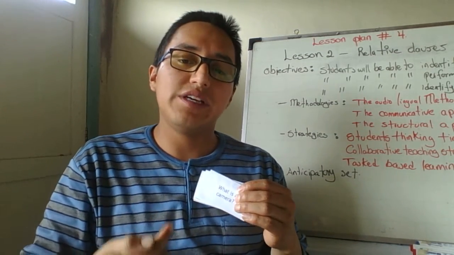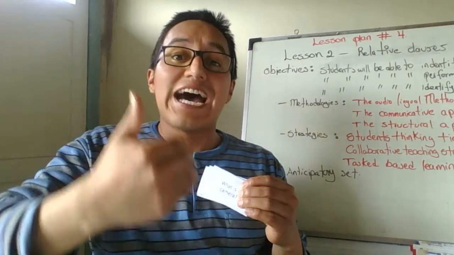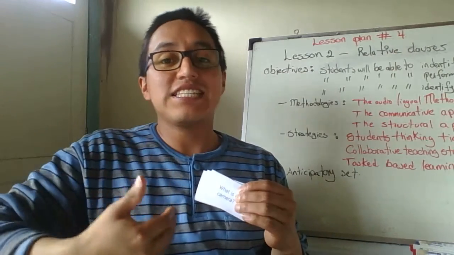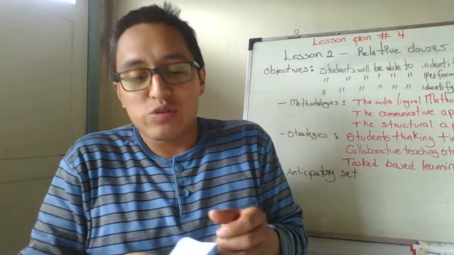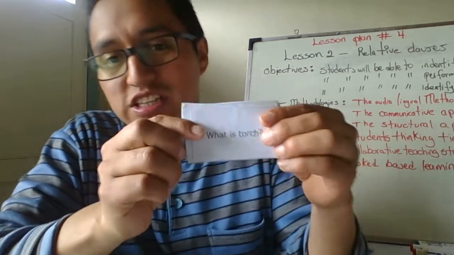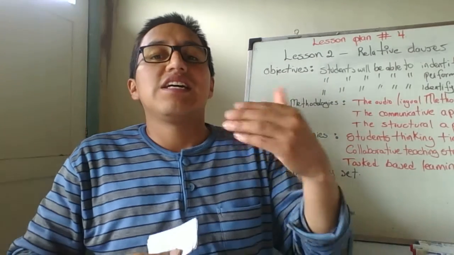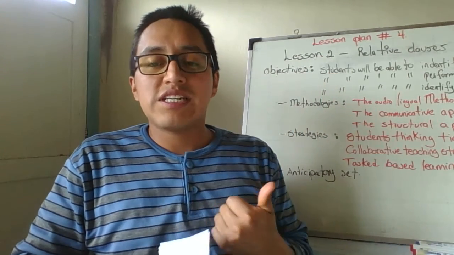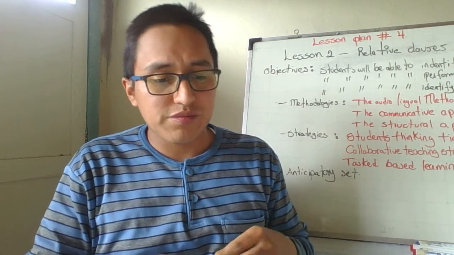A camera is an instrument that is very helpful to take pictures. Another example, what is a torch? Students will have to practice discussions between them, using English as a second language.